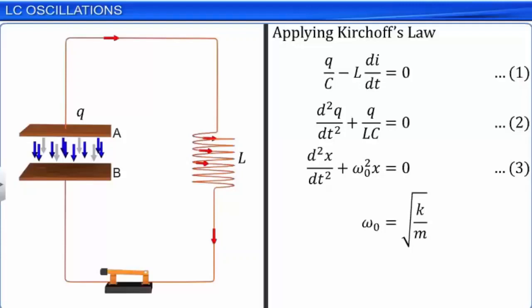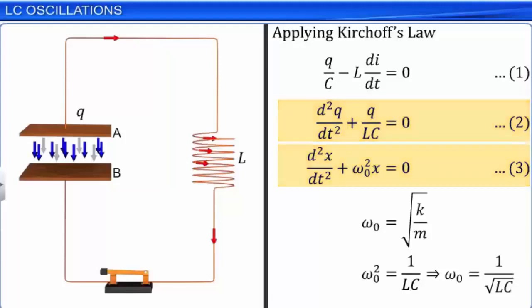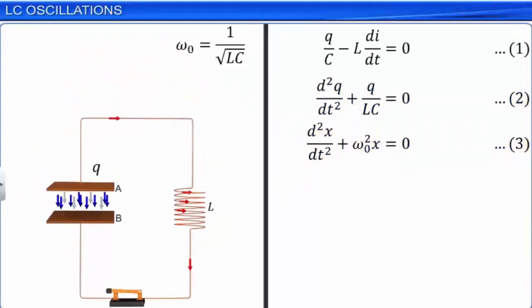Comparing equations 2 and 3, we have the natural frequency omega naught of LC oscillations in the circuit equal to 1 by square root of LC. We know that in equation 3, the displacement x is expressed as A cos omega naught t plus phi, where phi is the phase difference and A is the amplitude of oscillations.